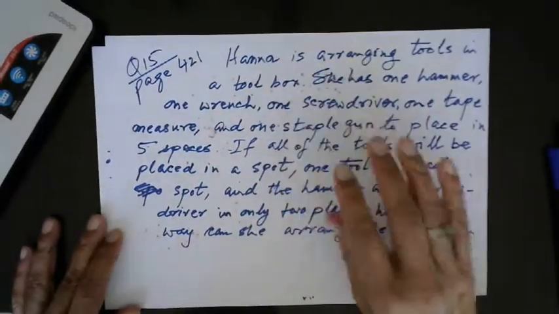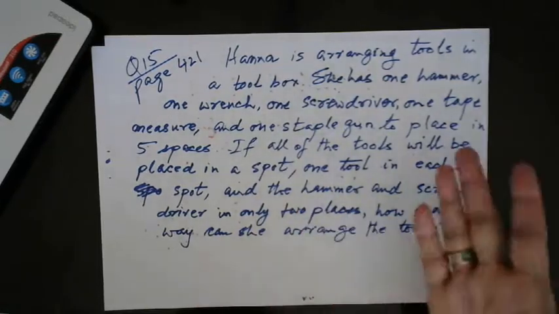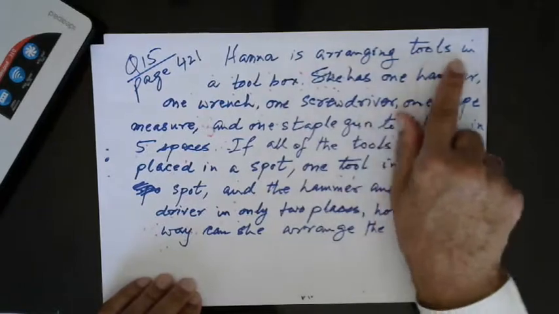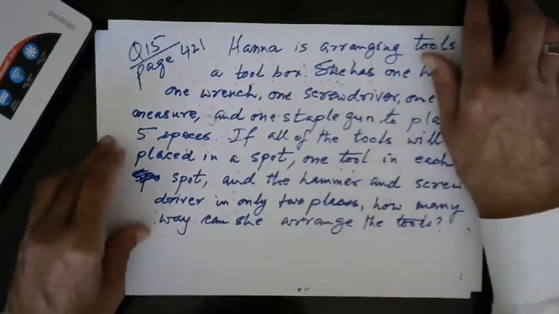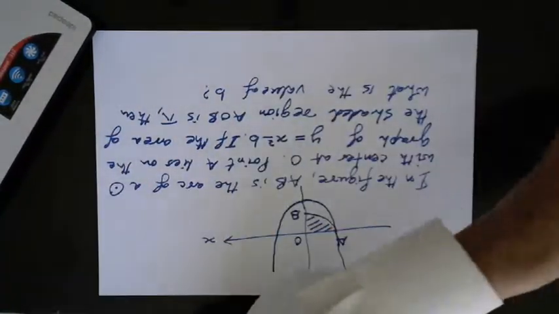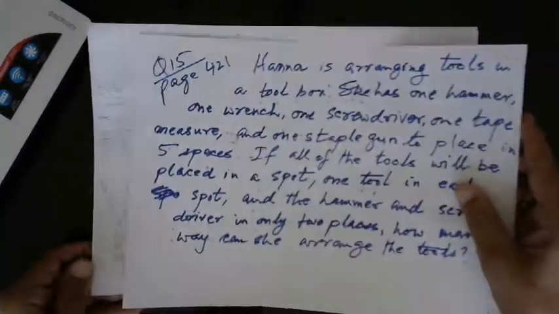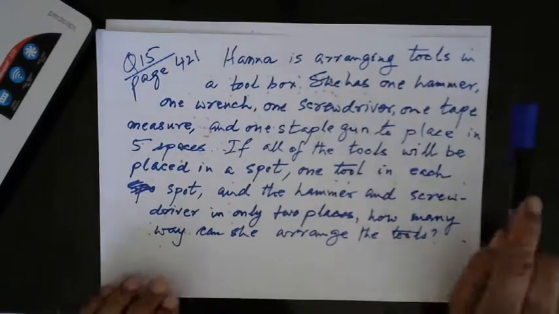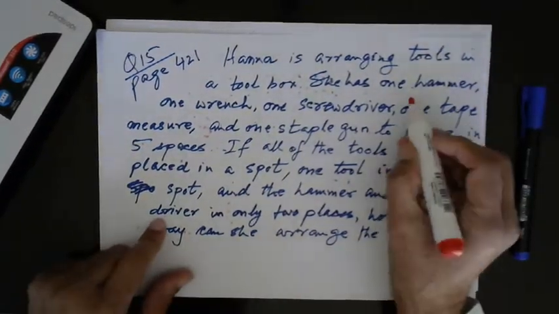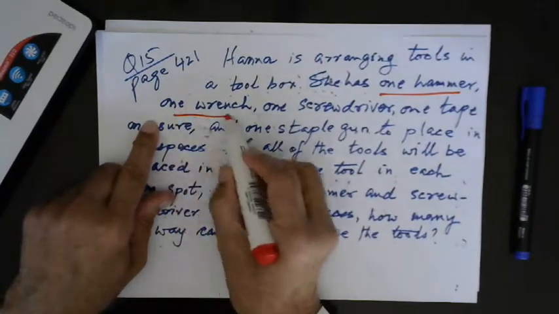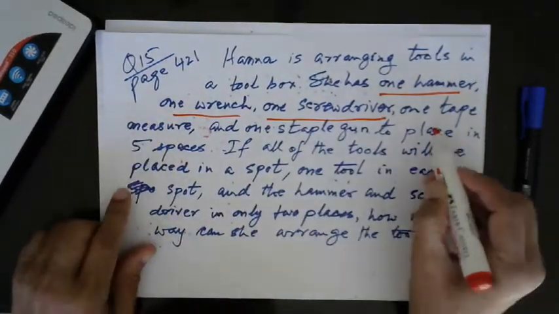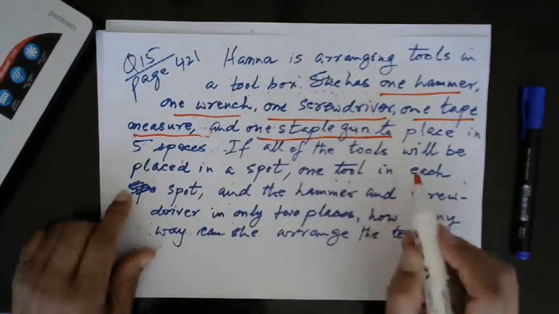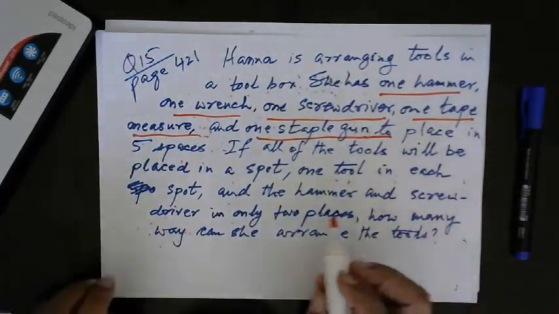Okay, number 15, I'll read it out. It's a lengthy question. Hannah is arranging tools in a toolbox. She has one hammer, one wrench, one screwdriver, one tape measure, and one staple gun to place in 5 places.